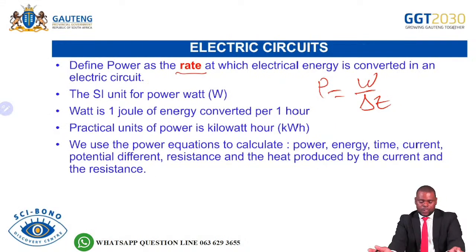Let's continue. And then the SI unit for power is the watt, W-A-T-T. The SI unit for power, that means power is measured in watts. The symbol for watt is a capital letter W. Are we together, grade 12?